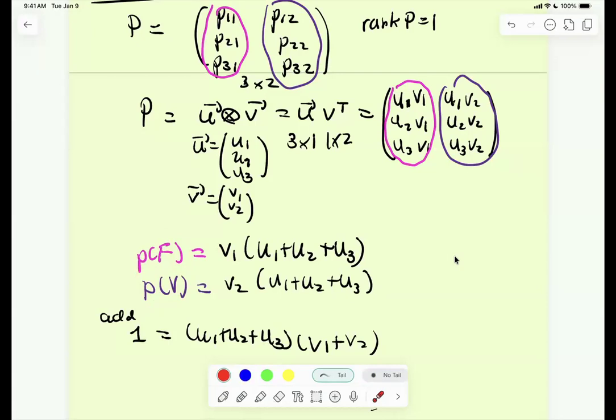Then the ratio of the probabilities is the ratio of V1 divided by V2, and that's how you start getting a bunch of information about the numbers having the same sign and things of that sort.